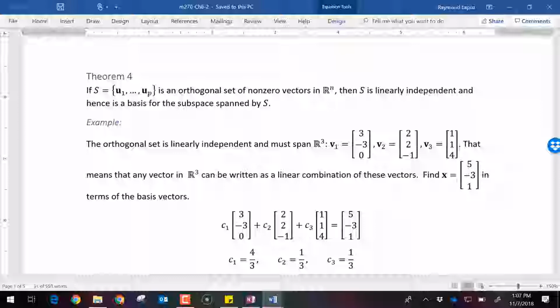Remember the definition of a basis is that the set of vectors have to be linearly independent, and then they span something. So they automatically span a subspace, and since they're all linearly independent, they are a basis.